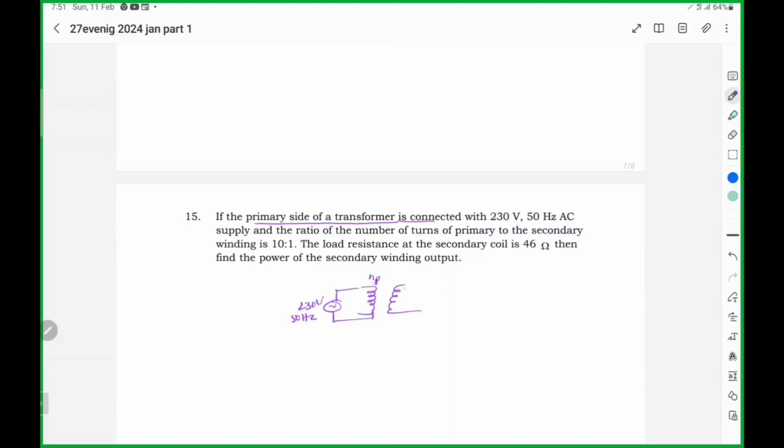So the number of turns in the primary coil and the number of turns in the secondary coil, NP by NS, is VP by VS. So here the primary to secondary coil ratio is 10:1, and the voltage in the primary coil is 230. VS here is 23 volts.